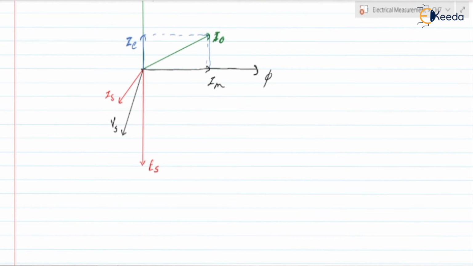Phasor for IS, okay, the angle between VS and IS is considered as delta. Next, the phasor for IS into RS will be in phase with IS. This is the IS into RS.